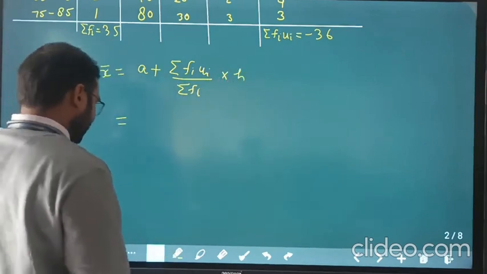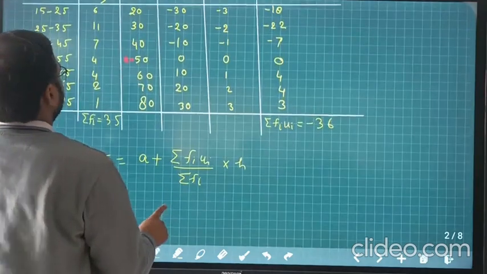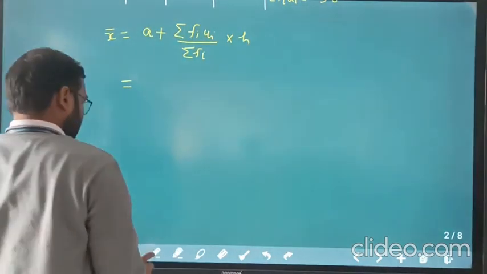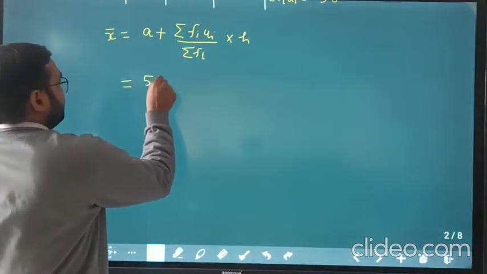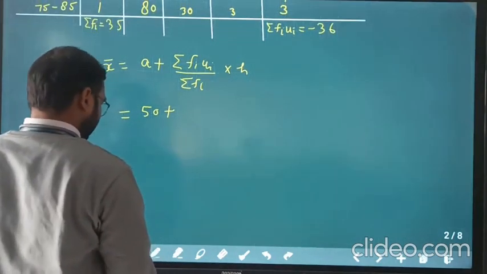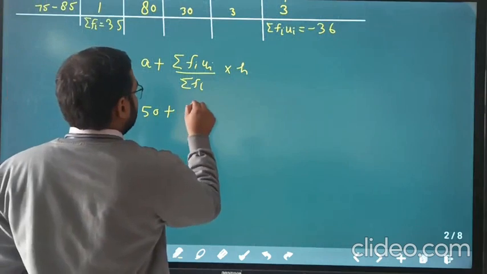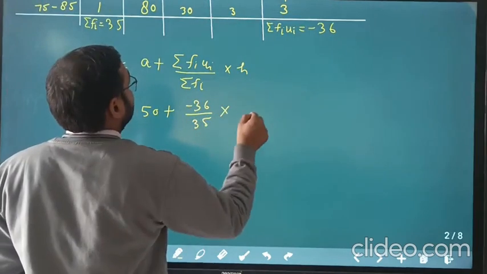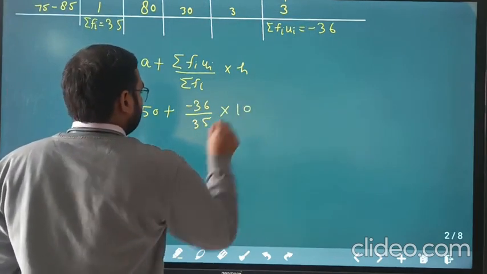We have considered 50 as the assumed mean. So this will be 50 plus the value of sigma Fi Ui, minus 36, upon 35 into h, that is 10.